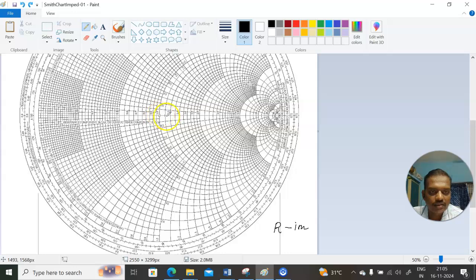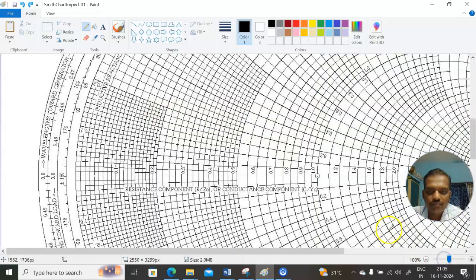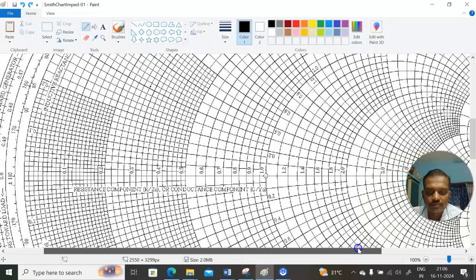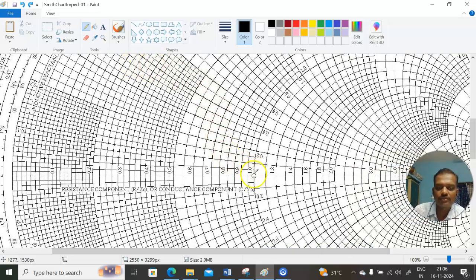The center is 1, followed by 1.2, 1.4 and 1.6. So 1.1, 1.2, 1.3, 1.4. This particular ring is 1.5.